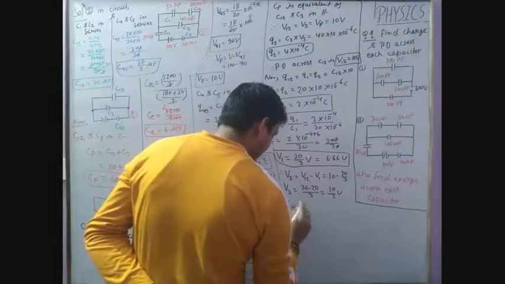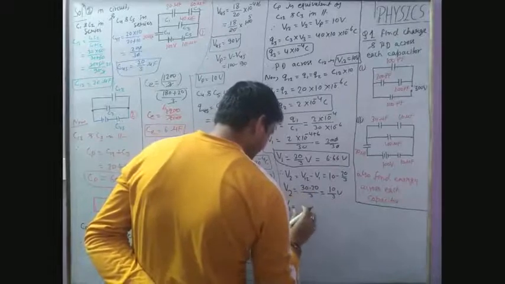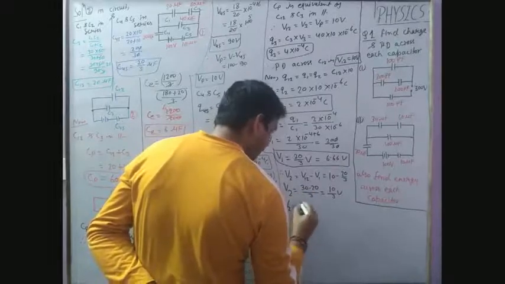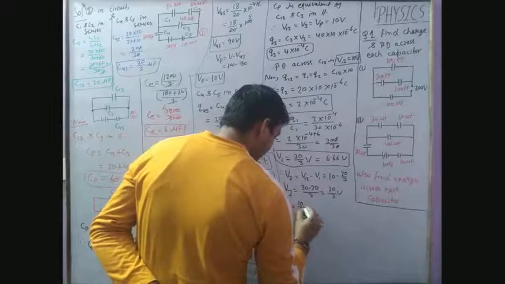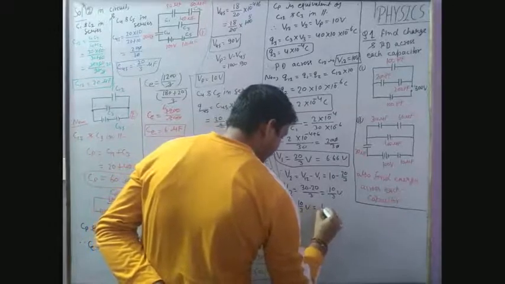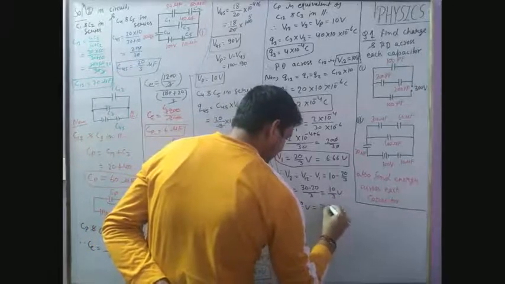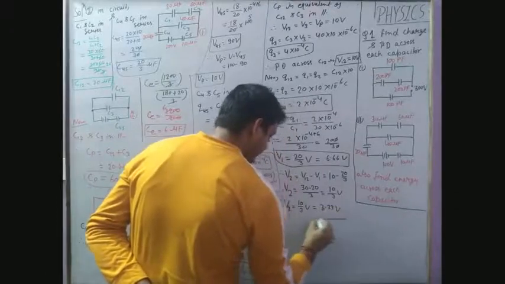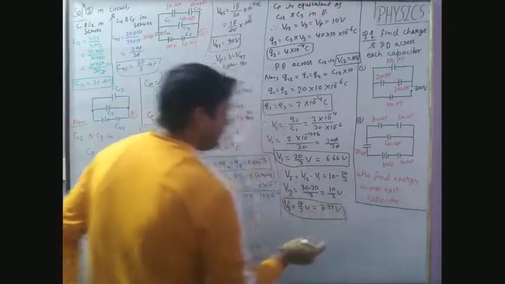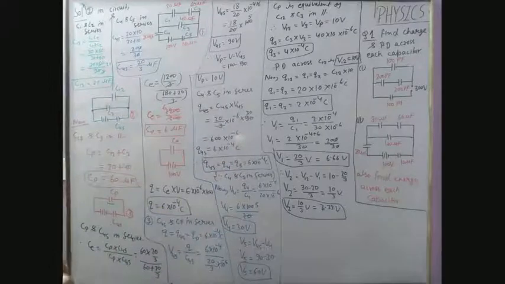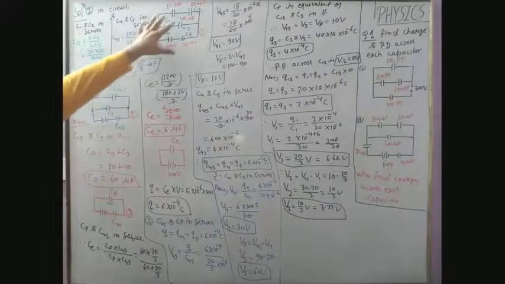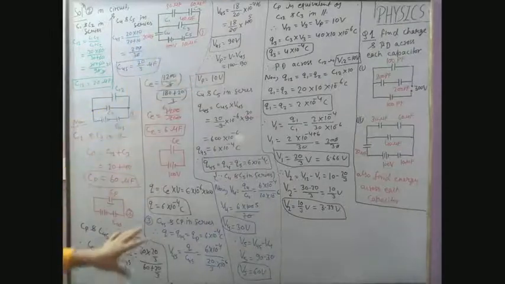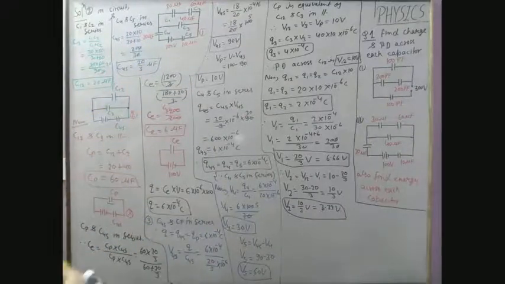V3 is equal to V2, which is 10 by 3 volt or 3.33 volt. These are all the individual values of the charge and potential difference across each. Just note it down.